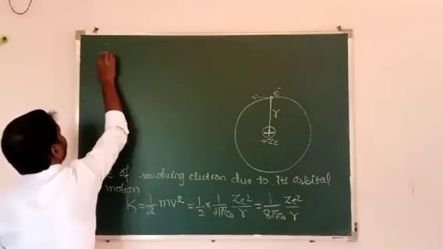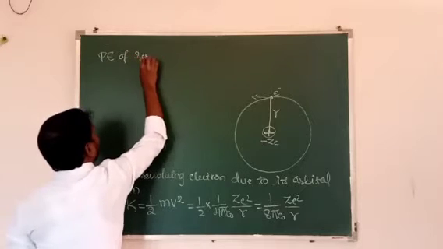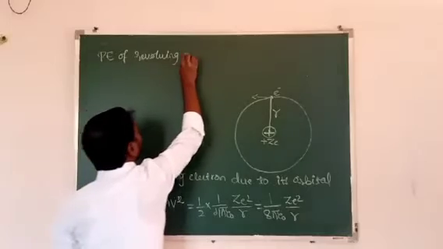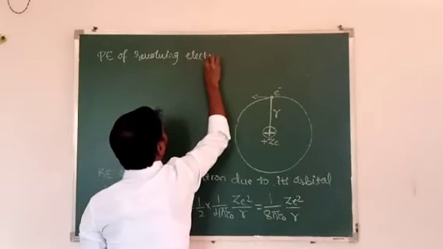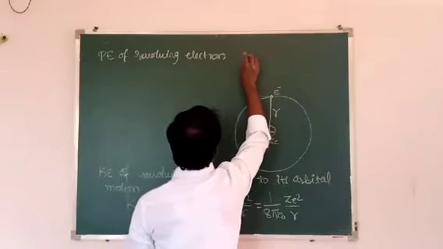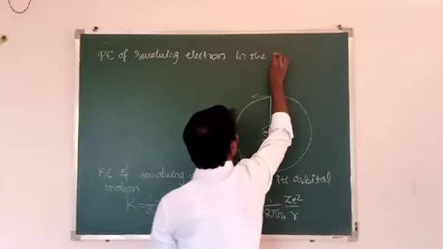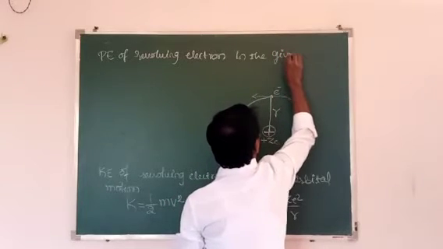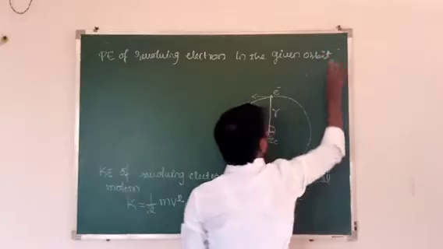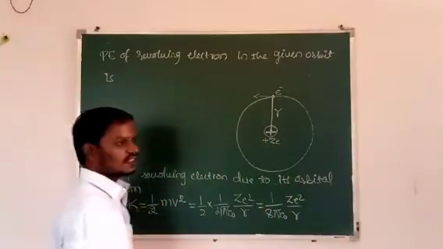Potential energy of the revolving electron in the given orbit is, so what is potential energy?